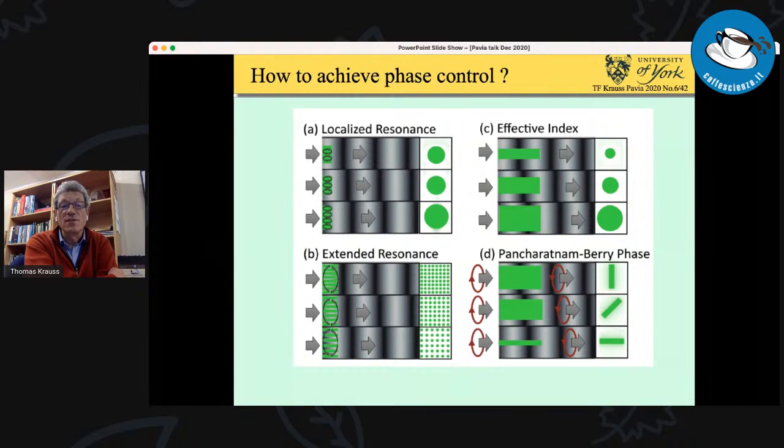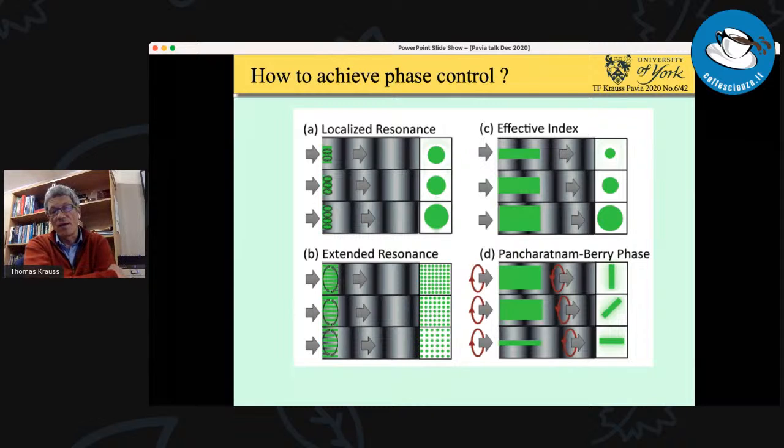You imagine these little circles that I show, they can support resonances. So the light enters the circle, resonates around, and leaves again, and that causes a phase delay. You can also have an extended resonance. So I show this sort of 2-dimensional grating type. It's the same idea. The light enters, resonates, and that's how you generate a phase delay.